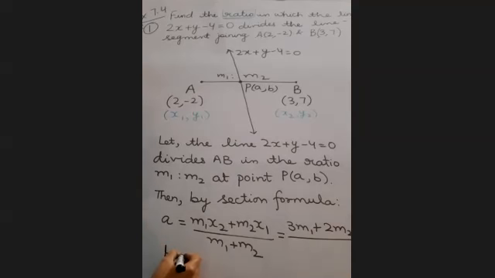And b is equal to (m1 y2 + m2 y1) divided by (m1 + m2). This is again by the section formula.